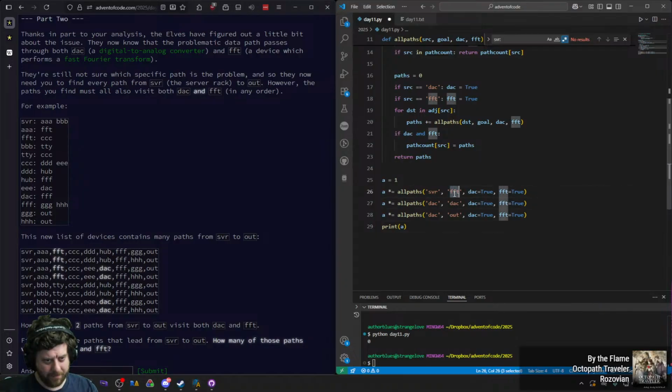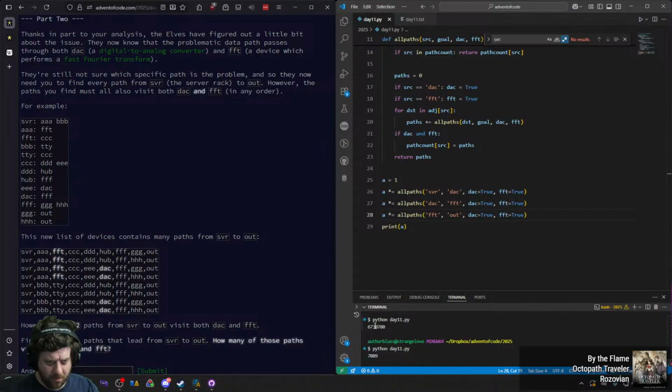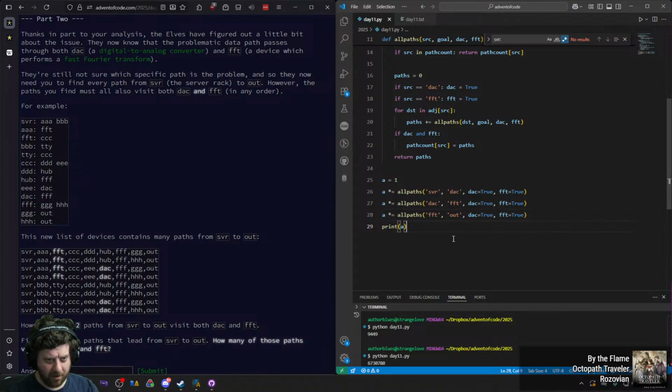All the way around. Wait, why did... I literally just generated the 3 numbers I wanted. Right there. What are you doing?